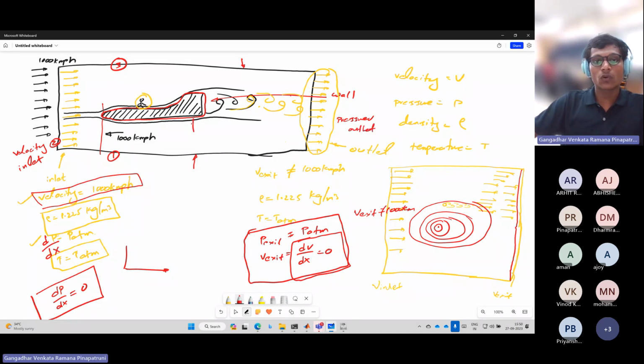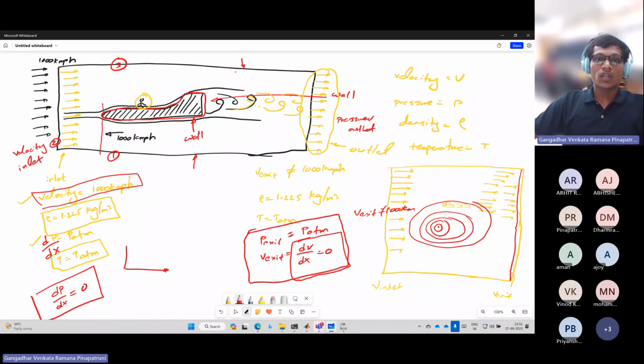Now the question is, how many of you have the question of why we are applying the velocity inlet at boundaries 1 and 3 also? Can you please text me on WhatsApp, or raise your hand here? Okay, only one or two have that question.